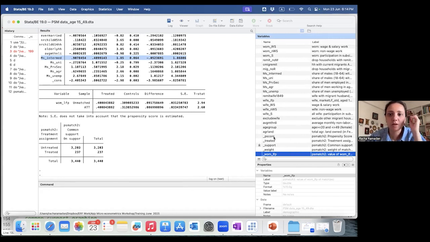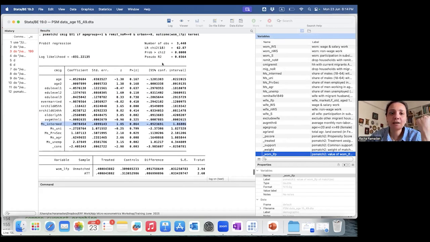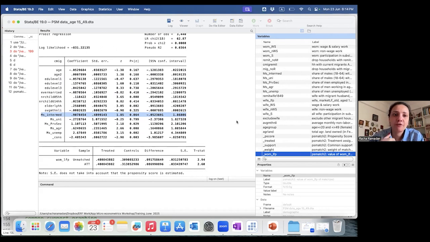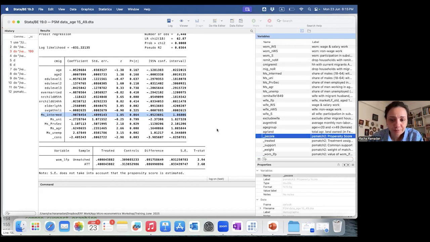I will come back to this, but I wanted to show you that STATA did not only estimate the probit model, but also the P-score. If you were running the regression by yourself, you would have to predict the P-score after the probit or the logit regression. However, with PS match, it created the P-score automatically.